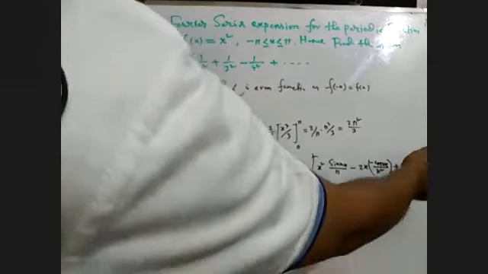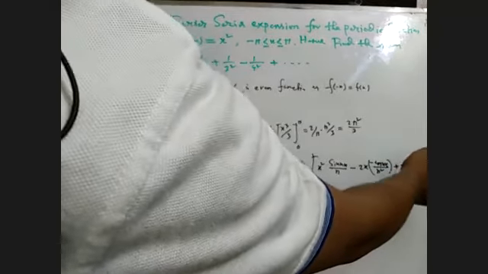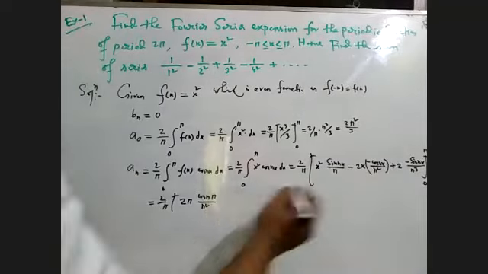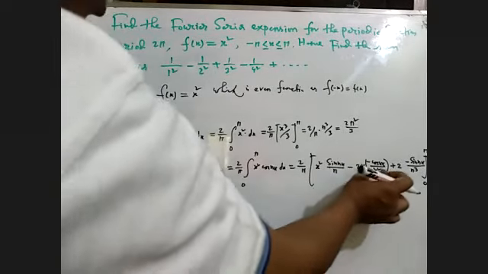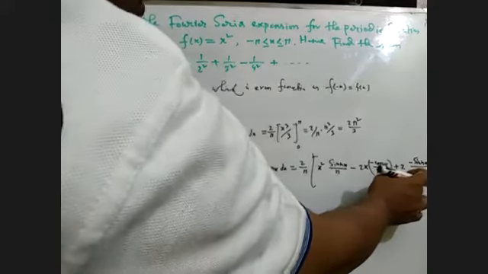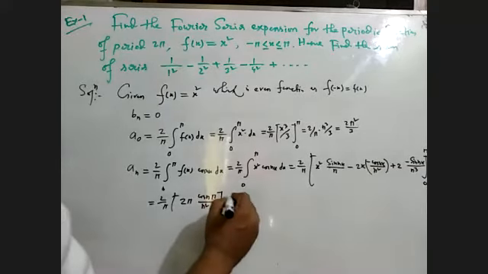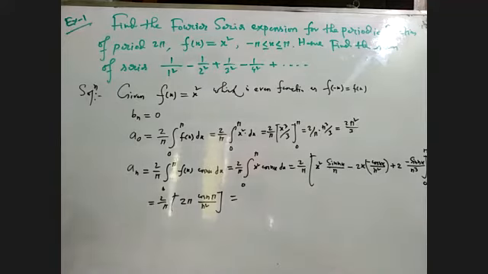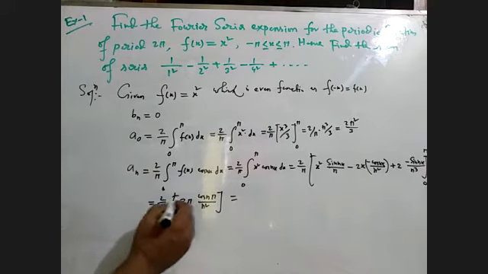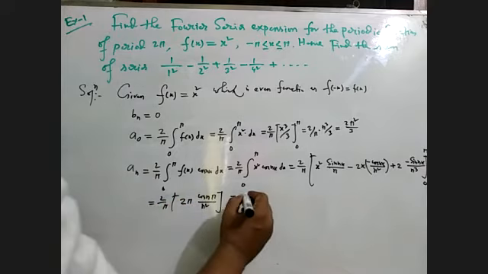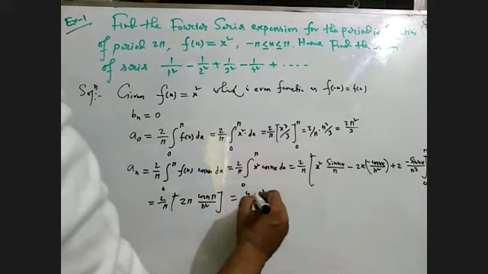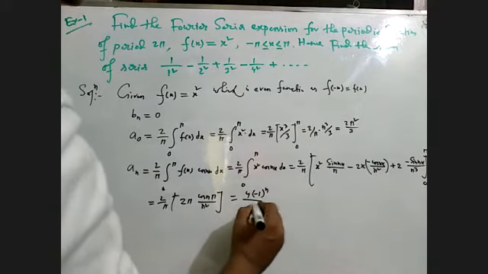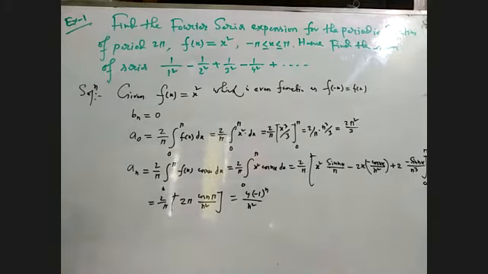Now this also is 0, since sin n pi equals 0. Putting x equals 0, this is also 0 and this also 0. So we get only this one after putting the upper and lower limits. So this pi will be cancelled, and we get 4 and cos n pi, you must know, is minus 1 to the power n, divided by n square.